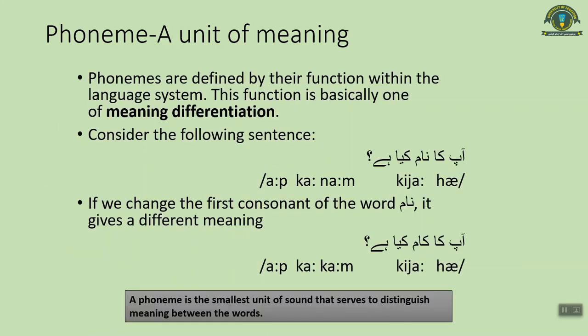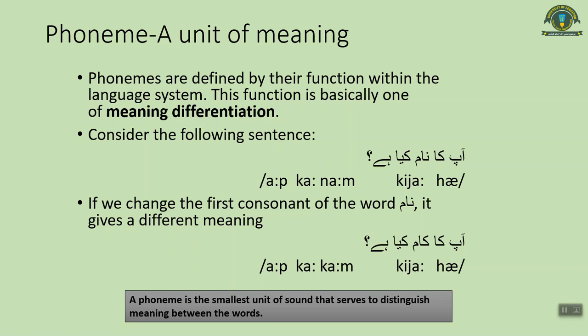Now phoneme again, it has been explained here in the sentence. Phonemes are defined by their function within the language system. This function is basically one of meaning differentiation. Look at these sentences. These are changing the complete meaning.